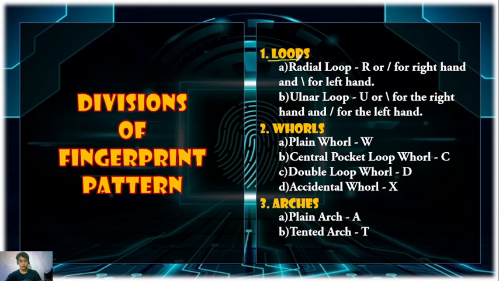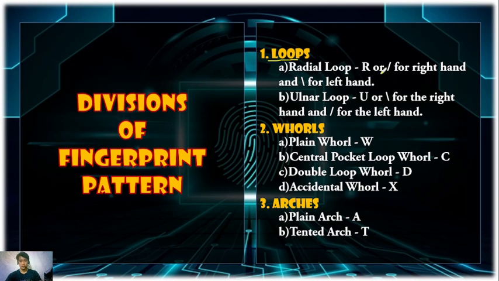The loop pattern has 2 divisions, the radial loop and the ulnar loop. Kindly take note of these symbols, because our next topic will be the fingerprint classification already.